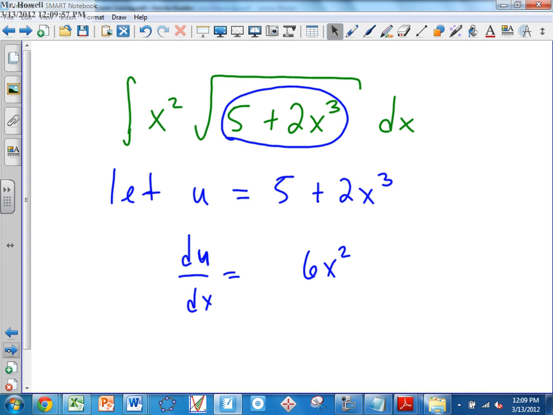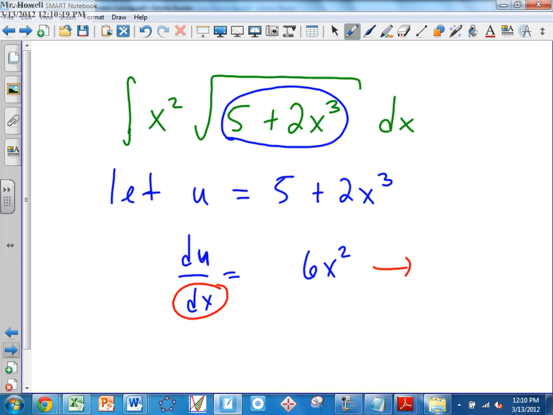Now, I want you to solve for dx. Move the dx up and the 6x squared down below. Think of dx as a variable and get it by itself.